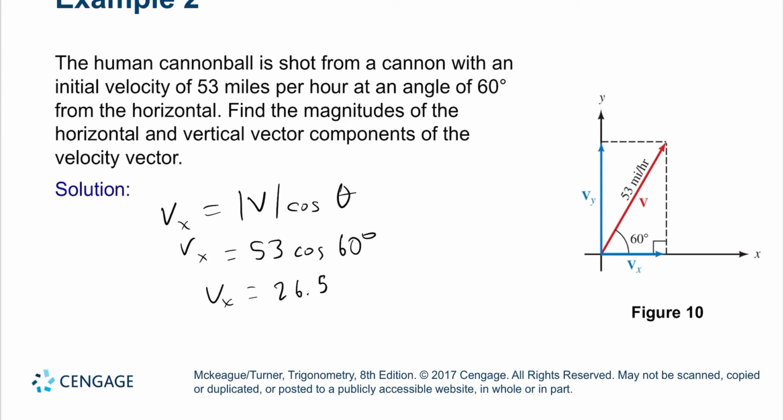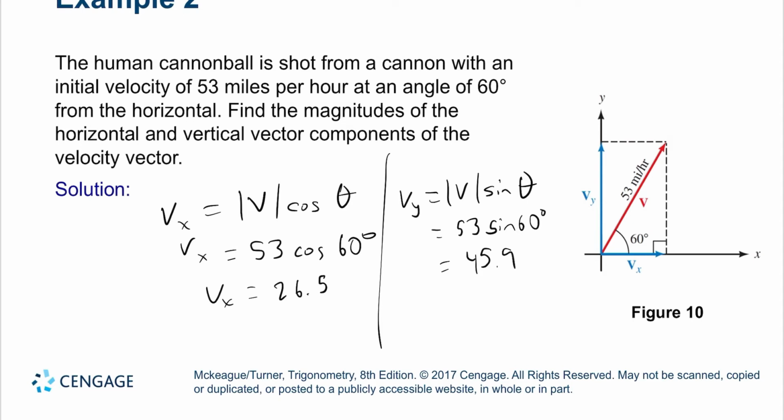And then the vertical component, v sub y, is sine theta times the magnitude. And that's going to be 45.9. All right, miles per hour for both of these.